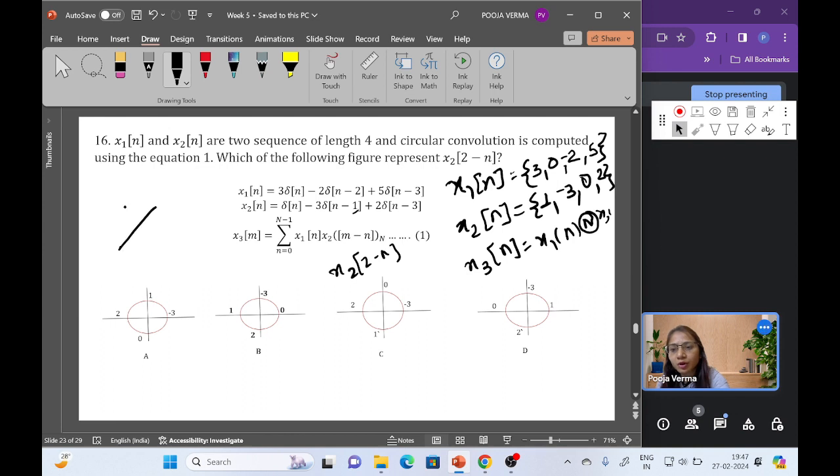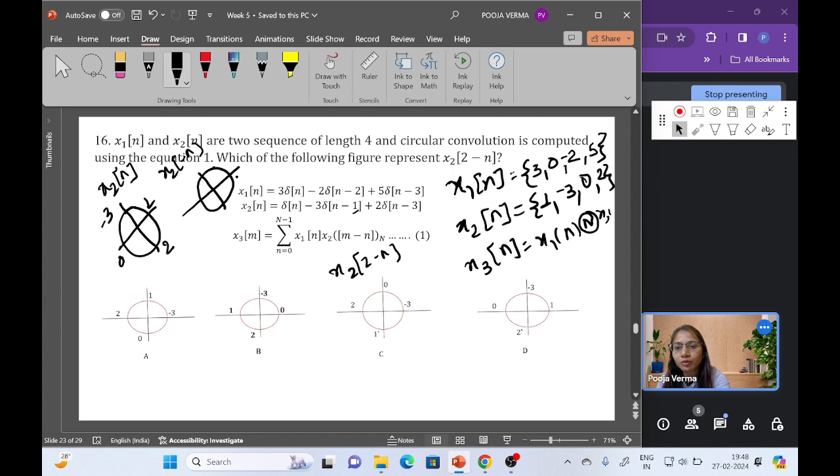So let's plot x2: 1, -3, 0 and 2. So this is the sequence x2 of n in the circular convolution. Now already you know that first we need to find out x2 of minus n. So how will we get it?